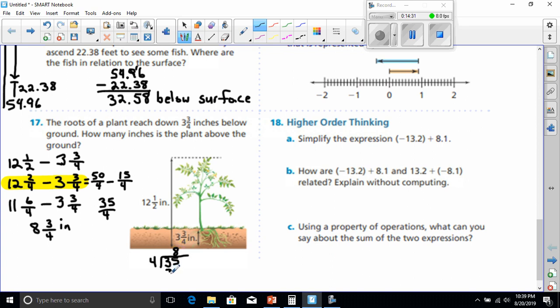This would be 32. And that would give us 3 left over. All right? And notice now, that's where all our numbers come from. 8 is the number that it went into, so this would turn to 8. And then 3 would be our numerator, and 4 would remain our denominator. And look at that. We came up with the very same answer that we did doing it the other way.